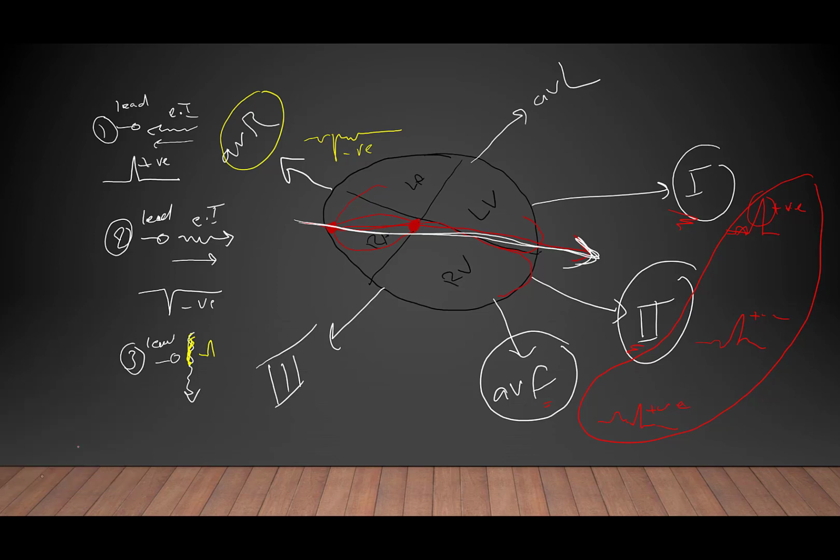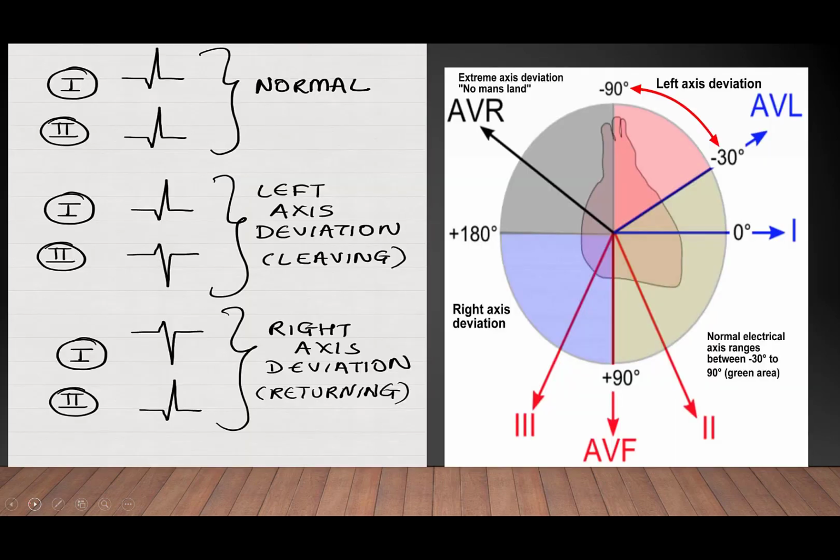When the electrical impulse is away from the leads, it causes a negative deflection, as we see here in lead 3 and AVL. It causes a positive and negative deflection.